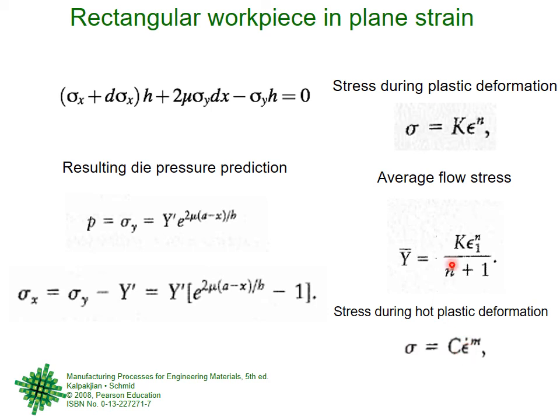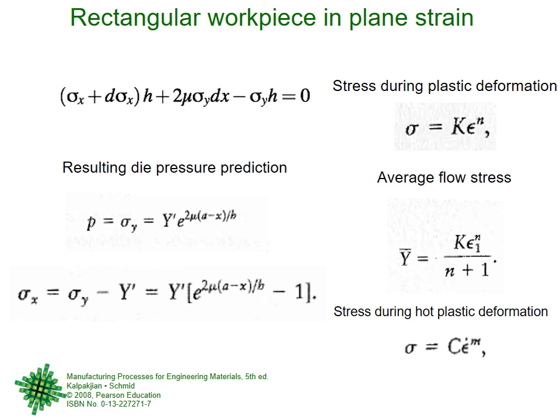And the constants are not K and n, they are some other constants, capital C and small m. They are also constants specific to a material. For any one material, any one type of aluminum alloy, any one type of steel, any one type of titanium alloy, the values of C and m will be there. So if you know C and m, then you have a stress-strain equation for higher temperatures.